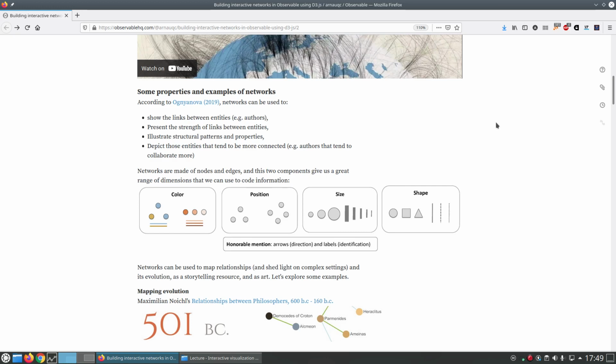Then we can also use the size. We can modify the size of the nodes. For instance, in the ecosystem example we were talking about, the nodes are species, and the number of species in this ecosystem can be the size of the node.